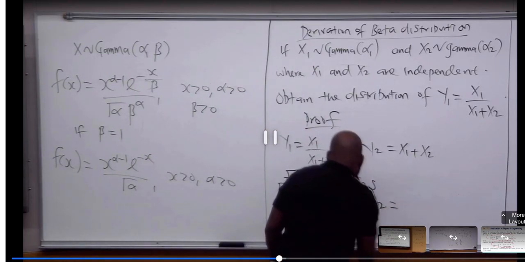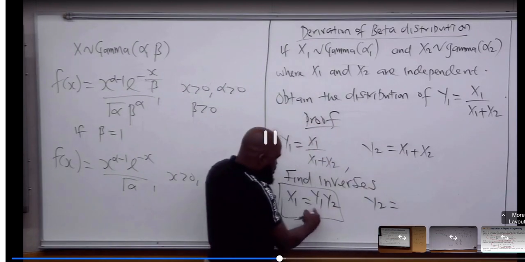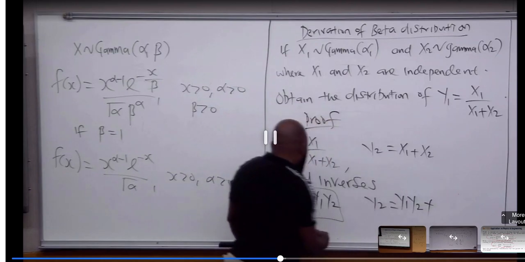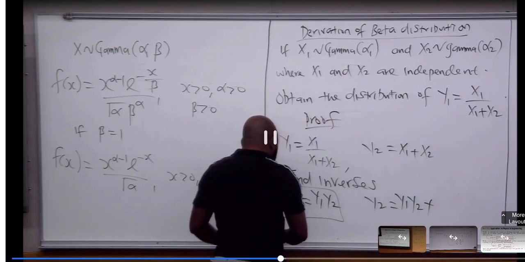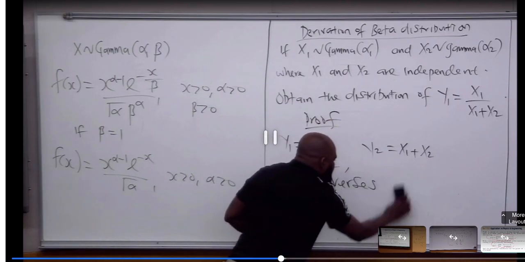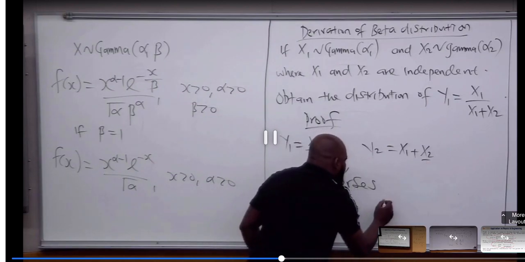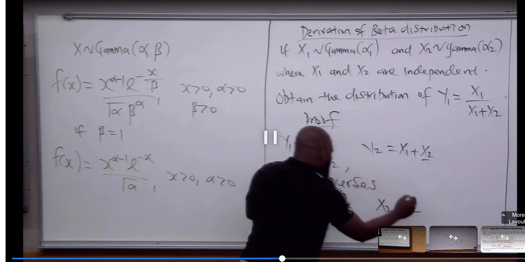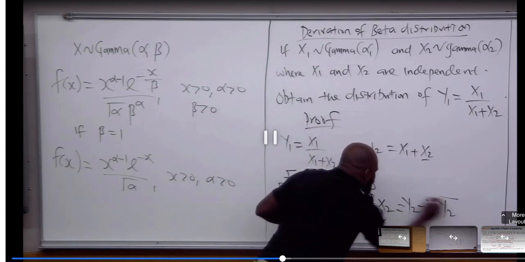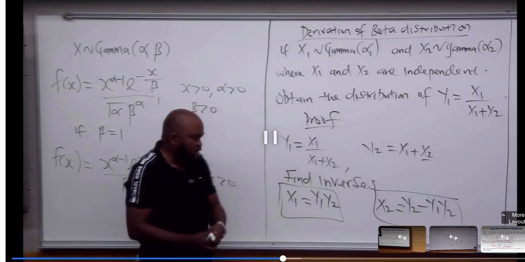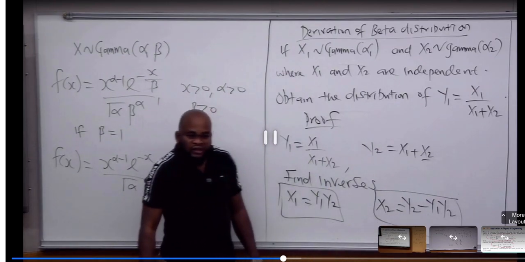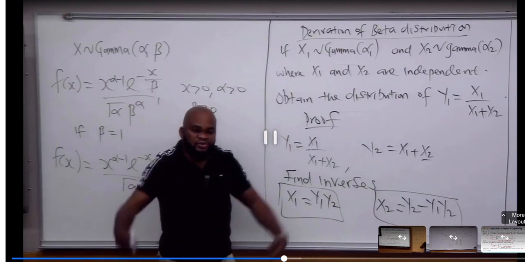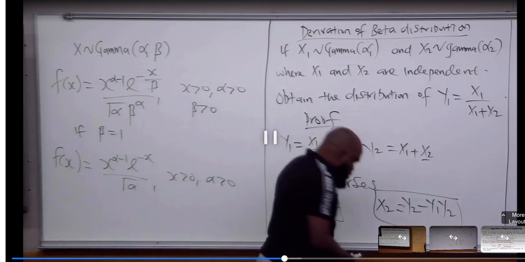Then for x2: x2 equals y2 minus x1, which is y2 minus y1 y2. Is there anyone who doesn't understand how I find my inverses? You solve for x1 and x2 in terms of the new variables you are going into.